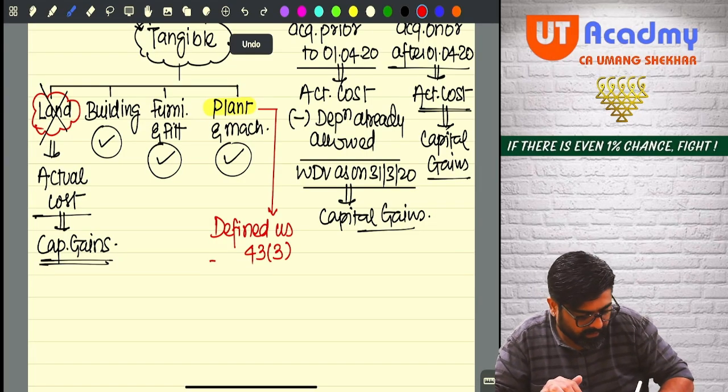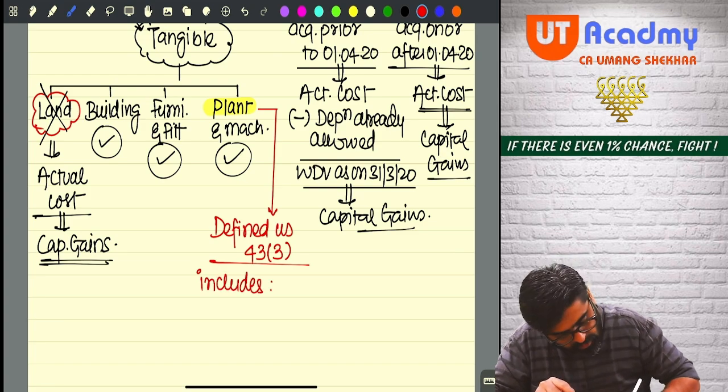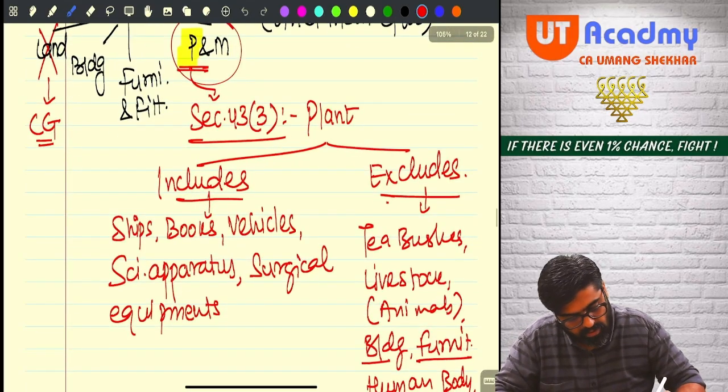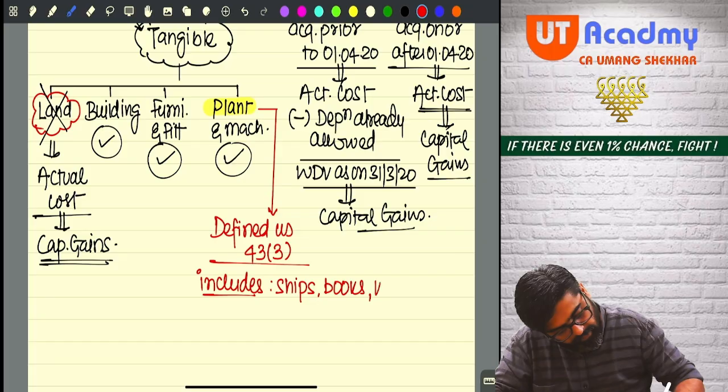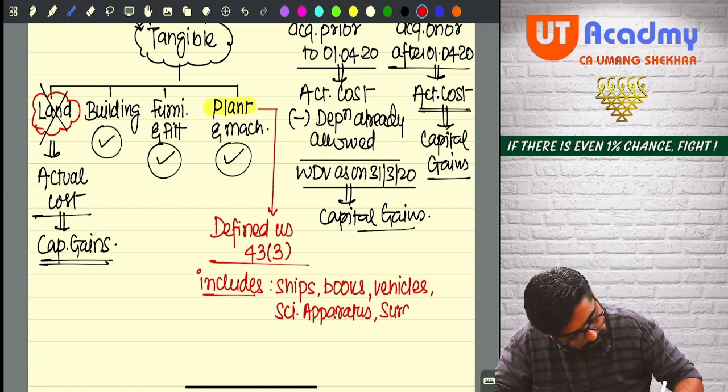Now, if you see the definition of plant, the term plant includes what? Ships, books, then vehicles, scientific apparatus, surgical equipment.